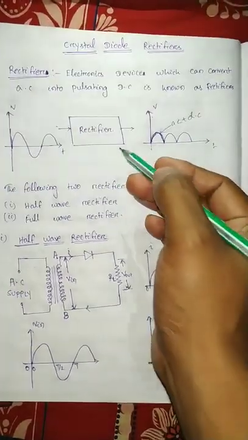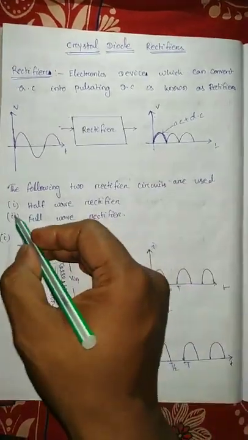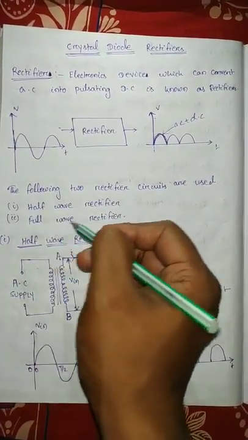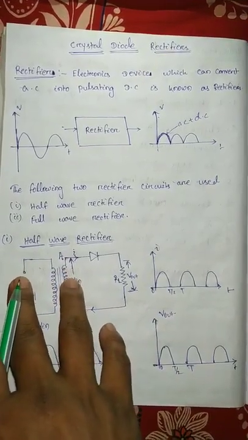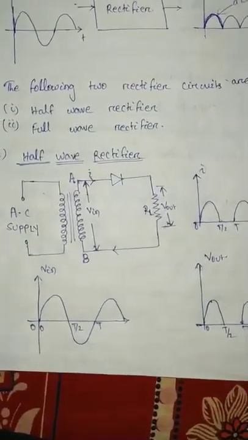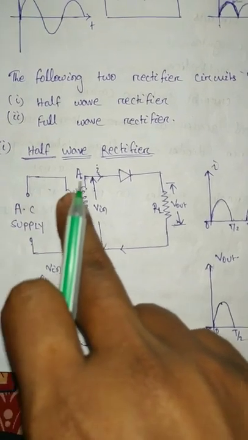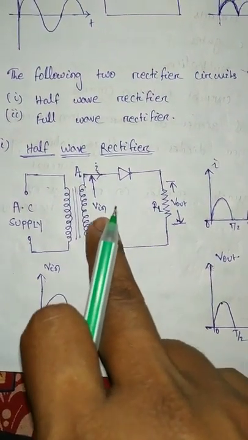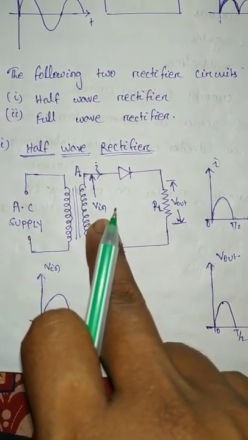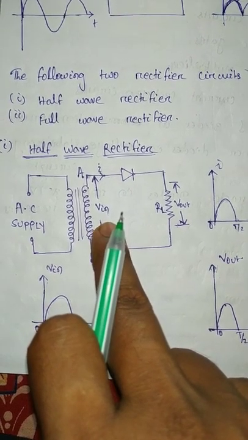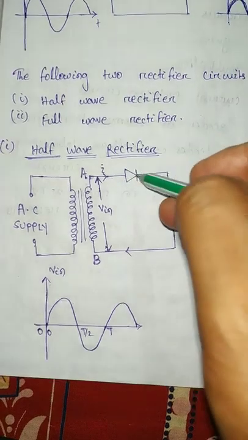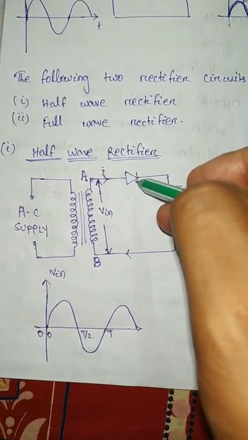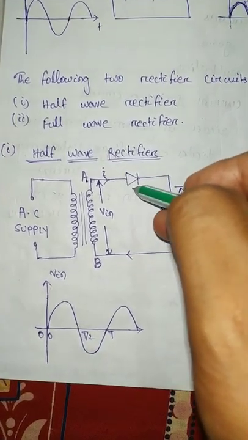Rectifiers are of two types: one is the half wave rectifier, and the other is the full wave rectifier. First, let us come to the half wave rectifier. This is the circuit diagram for the half wave rectifier. Here a single crystal diode acts as a half wave rectifier. One p-n junction diode is used, which acts as a rectifier.